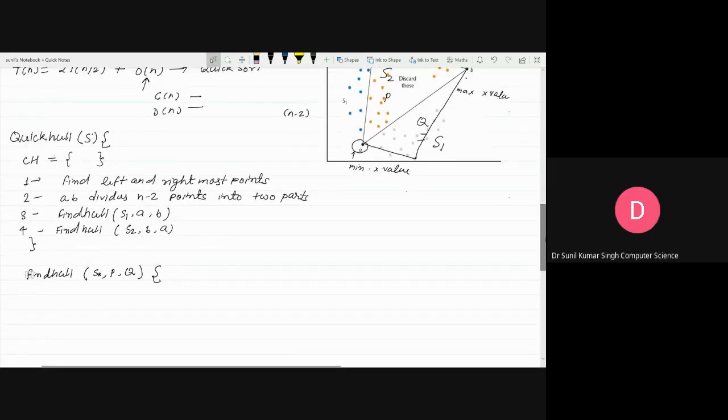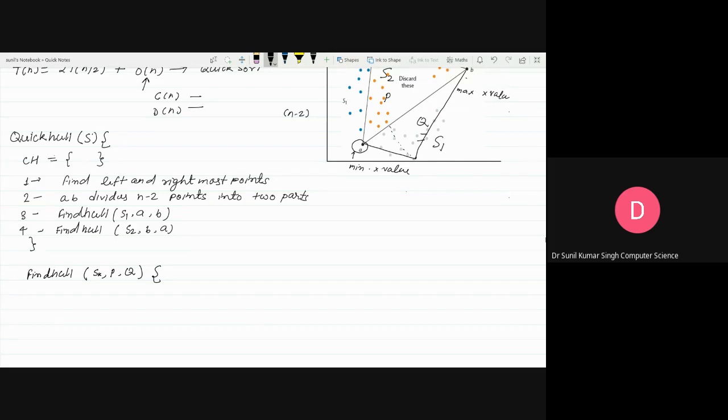Yes, actually the AB line will be taken as a reference line, because for finding the farthest point, you look for the one having the highest distance from this line, right? Yes, sir. So A and B are the points, and AB is a line. If you are going to choose the farthest point, of course you have to calculate the distance from AB.